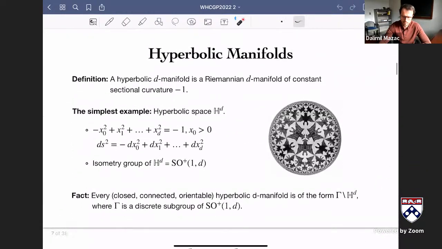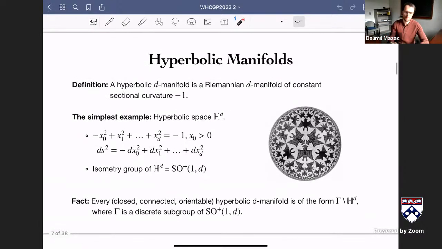So, just a quick review of hyperbolic manifolds. What is a hyperbolic manifold? It's a Riemannian manifold of constant sectional curvature -1. The simplest example is hyperbolic d-dimensional space, which you can realize as a hyperboloid in d+1 dimensions with this Lorentzian metric.